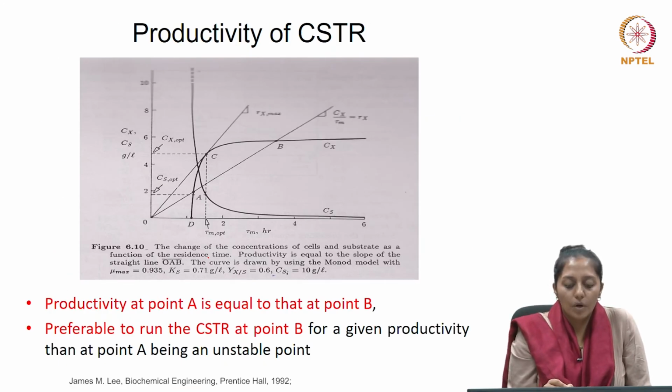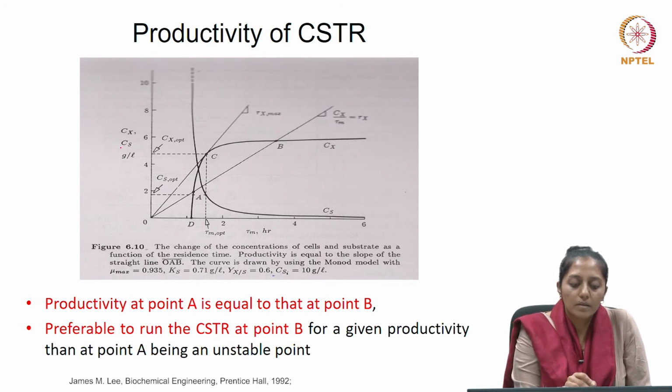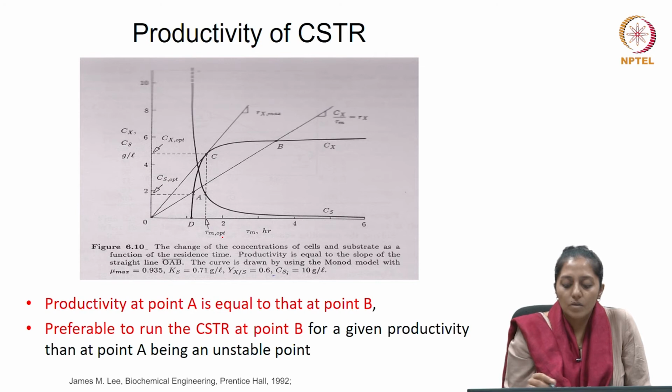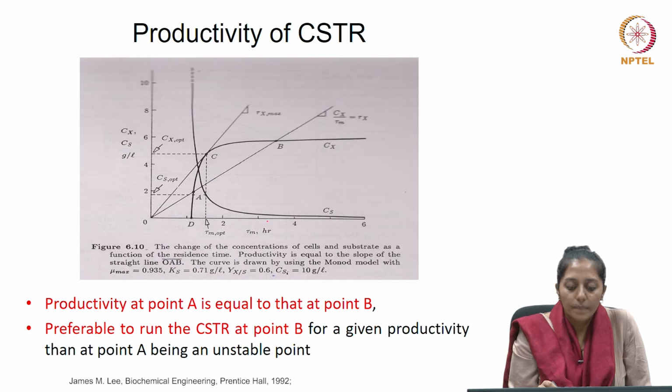If you see the plot, it is a plot between the steady state biomass and the steady state substrate concentration in the outlet stream versus the residence time. As the residence time decreases, which means the dilution rate is increasing, the biomass starts decreasing beyond a point and becomes nearly equal to 0 at point D. This point D is nothing but the washout point.